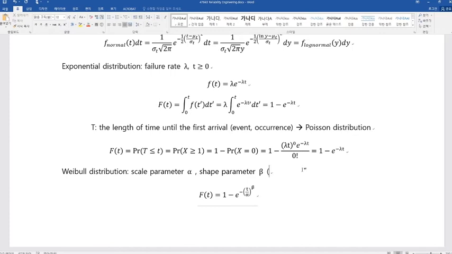That is, when beta equals 1, the function is reduced to exponential distribution, where lambda equals 1 over alpha.